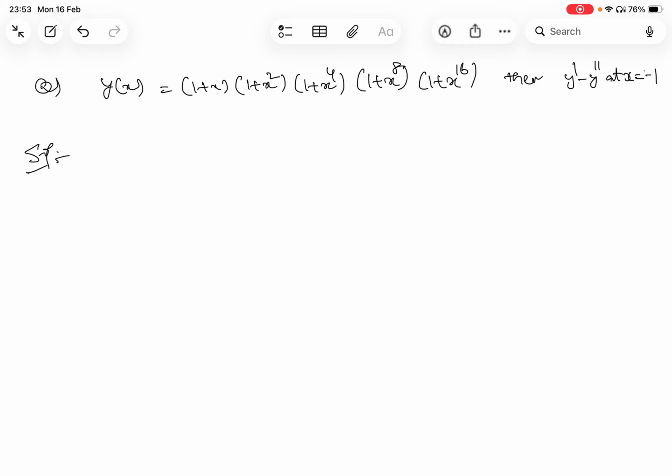So let's start solving. Now, as you can see, y of x is (1 plus x)(1 plus x square)(1 plus x power 4)(1 plus x power 8)(1 plus x power 16). We need to use the a plus b into a minus b is a square minus b square formula. To trigger this formula, just like a chain reaction, you need to multiply and divide with 1 minus x.